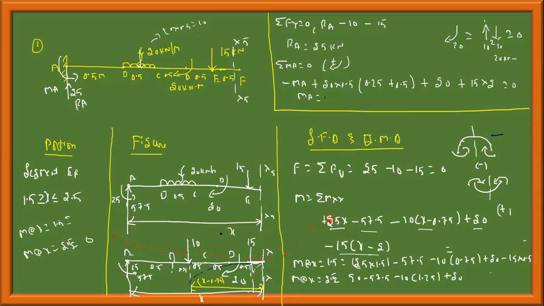See, this is minus 15 into x minus 2. It's minus 15 into minus 0.5. Kindly check it. Even I did the same mistake. You also did the same mistake.